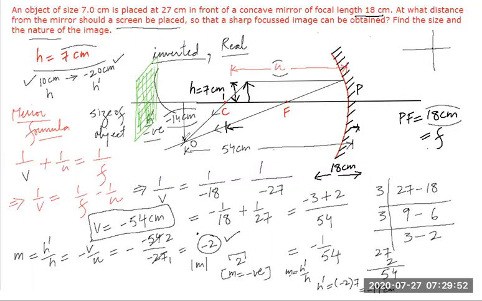If you place it beyond 54 centimeter, or if you place it less than 54 centimeter, the image will not be correct. The image is actually getting formed on this point. Try to understand. At a distance of 54 centimeter from the mirror, or 54 centimeter from P. So exactly, in order to get a clear image, you should put the screen. Tell me, students. At 54 centimeter. Yeah, exactly, at 54 centimeter.